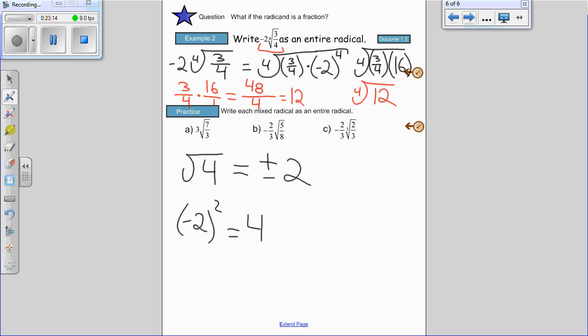Because you can work backwards with a negative and still get it. Which is why negative 2 squared is 4. Yeah, so if you had negative 2 squared like that, that would be negative 4. Because that's saying just square the 2.